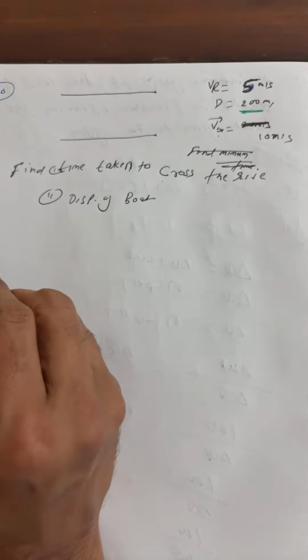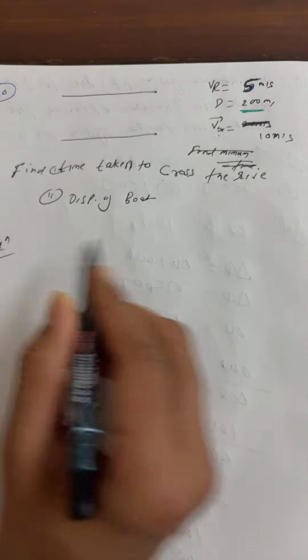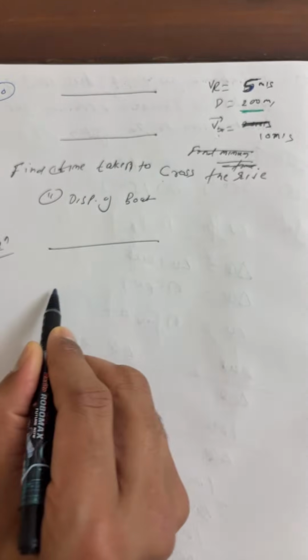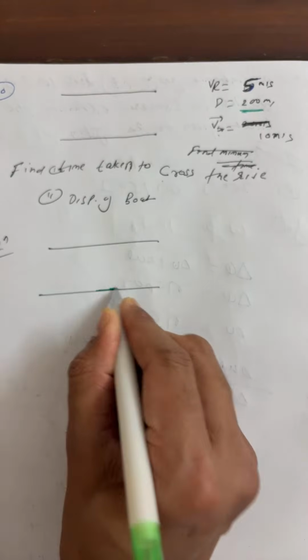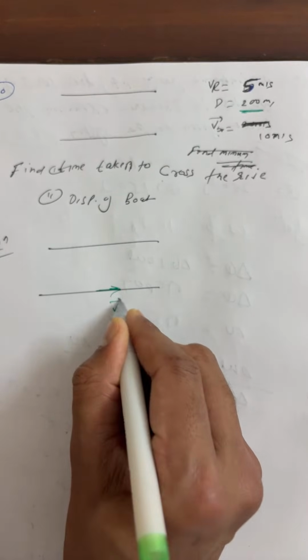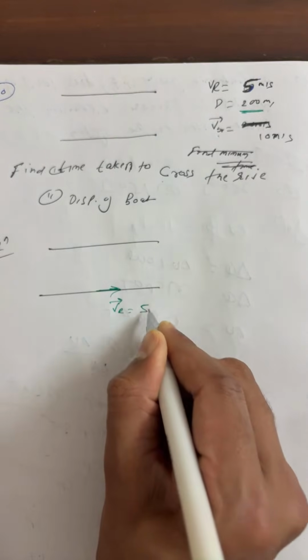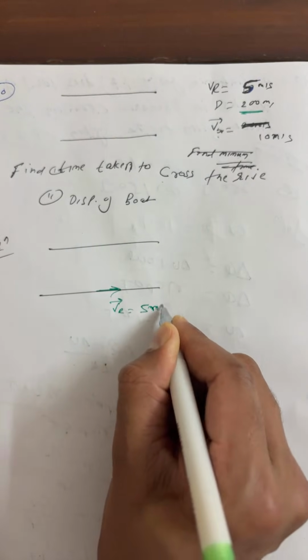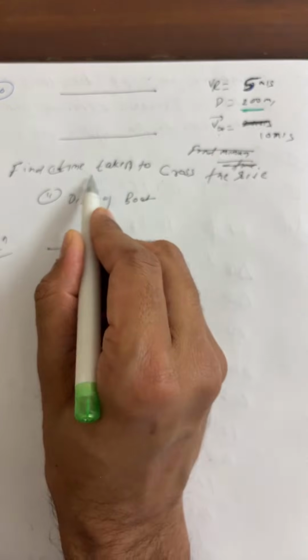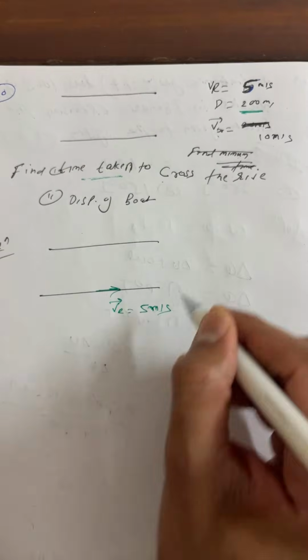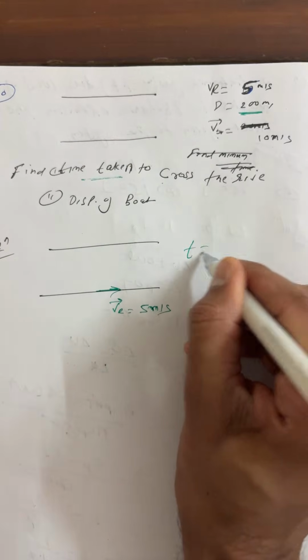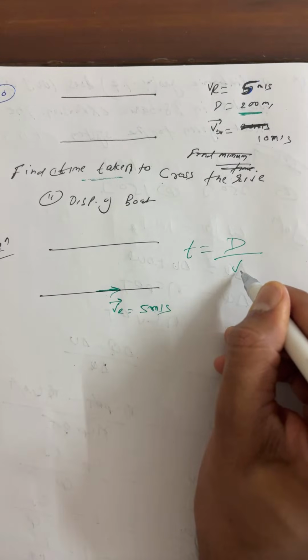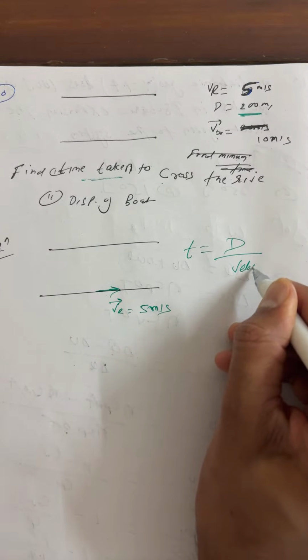So first I'll find the solution. Here is the river, with velocity VR, 5 meter per second. We have to find the time taken, so for getting time we can say distance upon velocity.